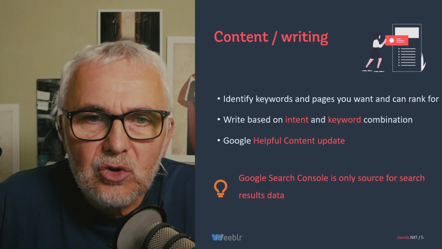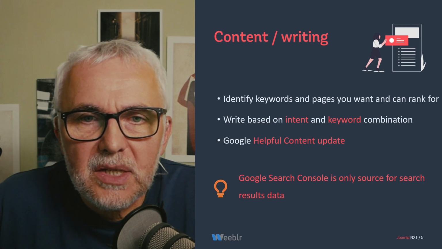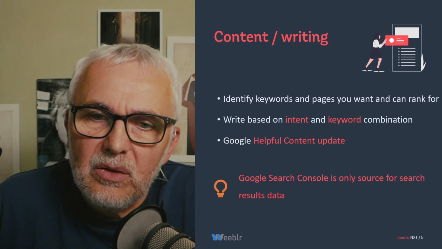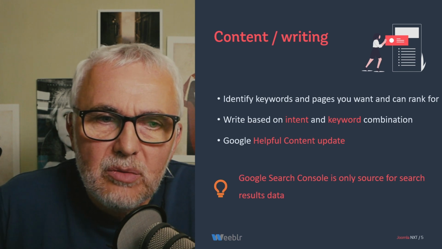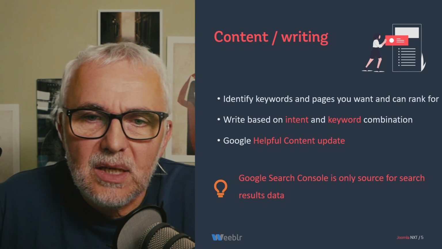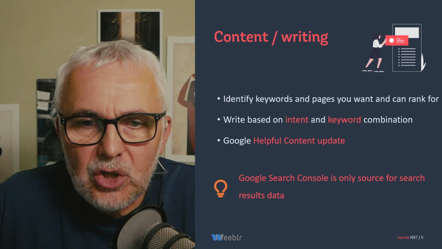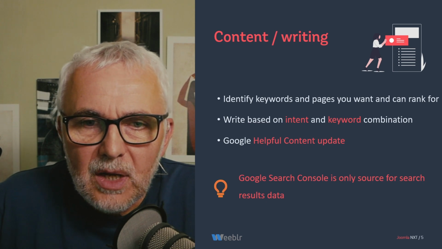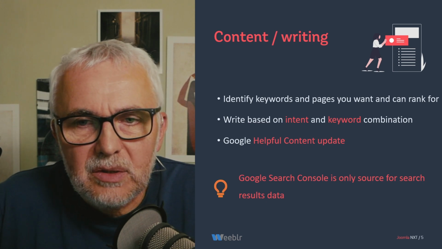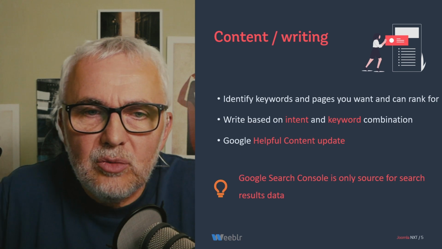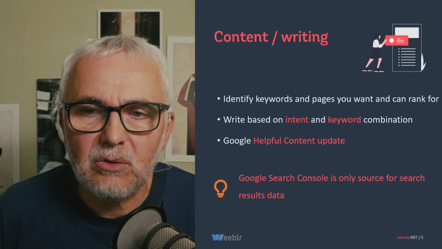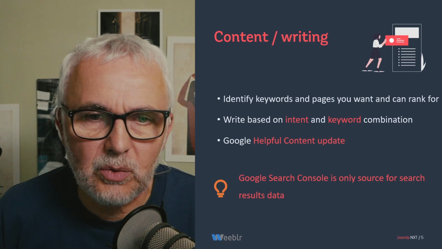How do you improve your writing and your content? Well, I believe today in 2022, the most important thing is to write based on a combination of intent and keywords. You need to identify the keywords you want, and you can rank for, you can have good results with.